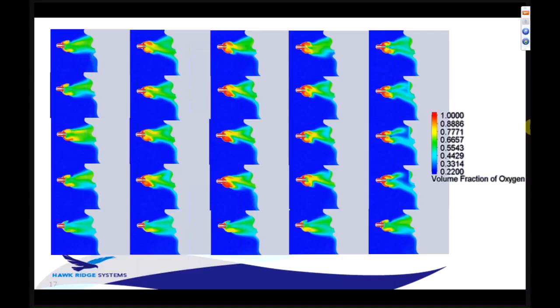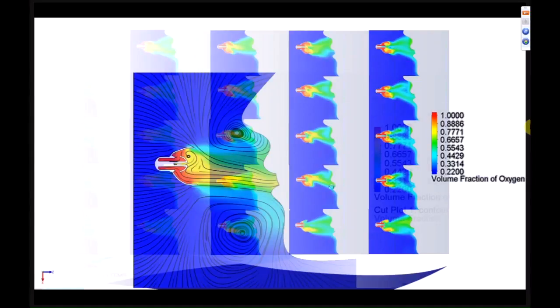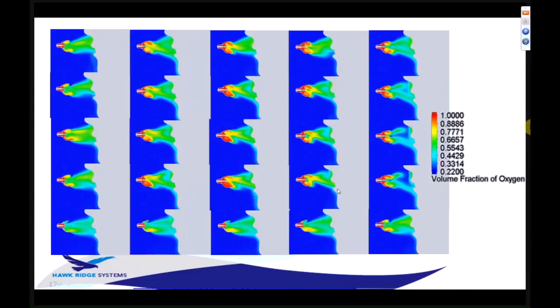Everything we've done here is a steady state analysis. We basically turn on the flow, see how the flow patterns develop, and look at kind of how it would stack up if it was like that for a period of time. The next thing we might want to do is we could look at a transient situation. This is sort of a breathing simulation they put together, where at different times in this video, there's fluid inhaled through the mouth, and then exhaled through the nose.